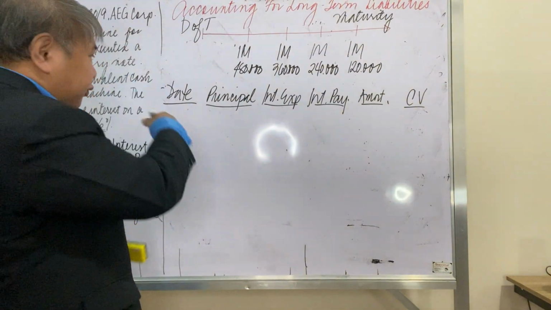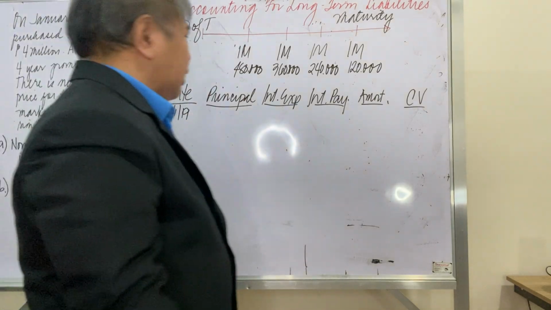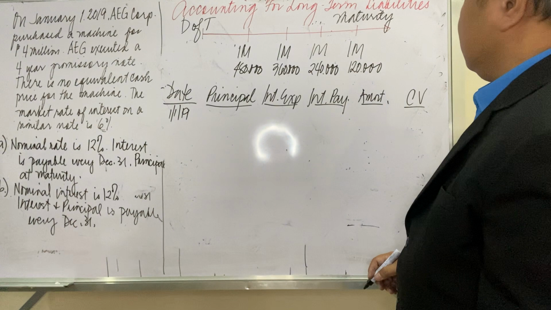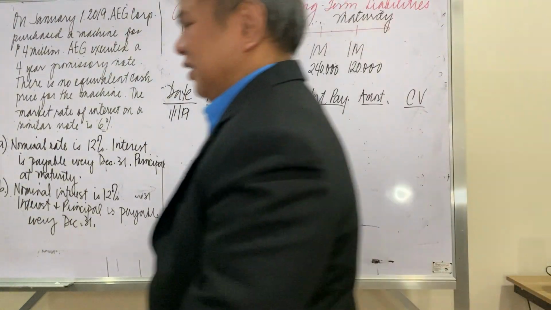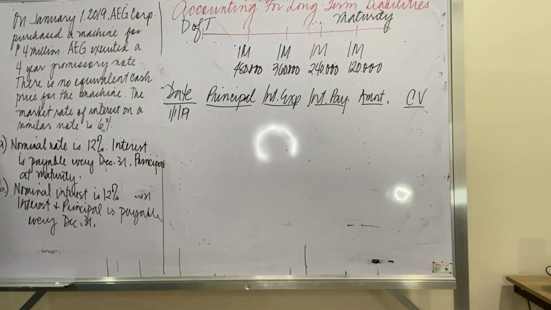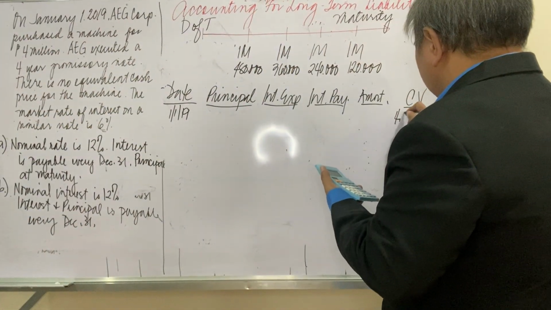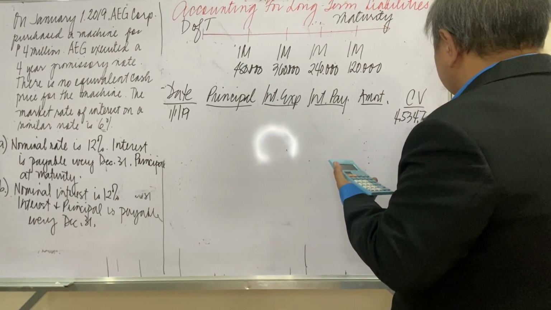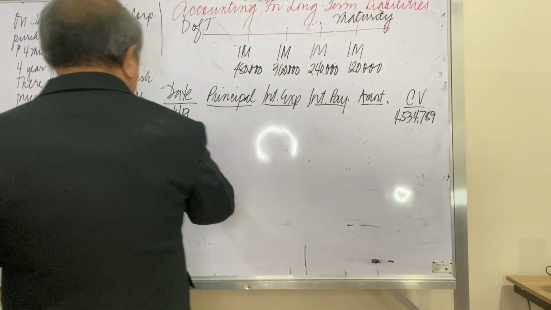So therefore, at the date of transaction, that's January 1, 2019, the carrying value of the obligation is 4,534,789.